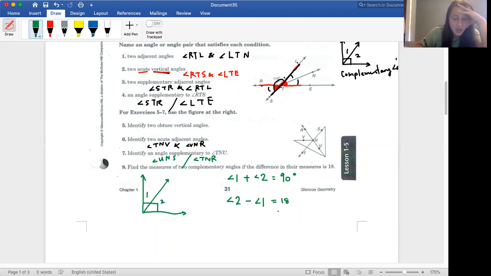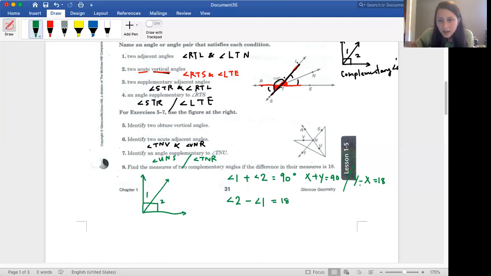All right, so one way of doing this could be giving it a variable. So x plus y equals 90. And then y minus x equals 18. So I could actually combine these equations by subbing in the value of x or value of y.